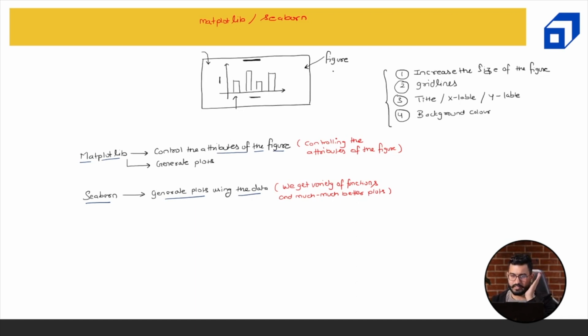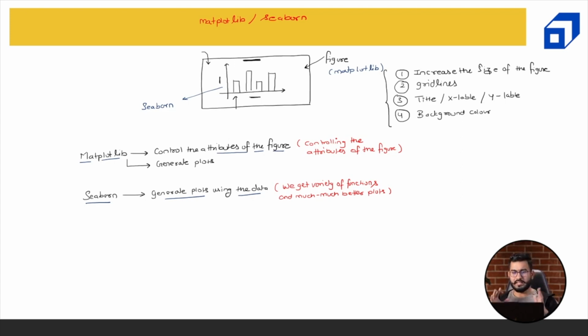So if my figure is controlled by Matplotlib, and I'm generating my plots using the Seaborn library, then these two libraries can work together. There is no problem, because Matplotlib is working behind the scenes to control your virtual working area, your virtual canvas. And on top of this, you can generate a plot using any library. It can be Seaborn, it can be Plotly, it can be anything.